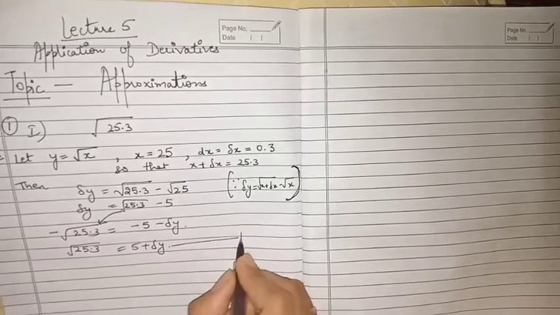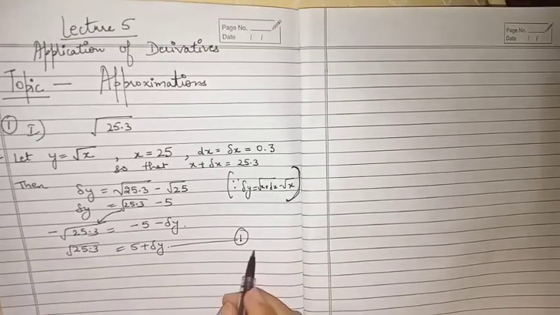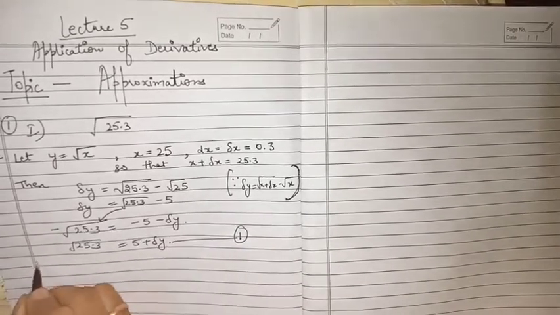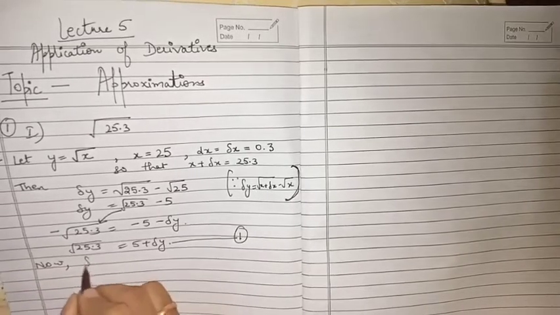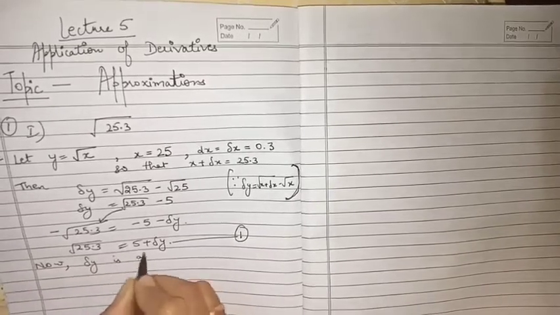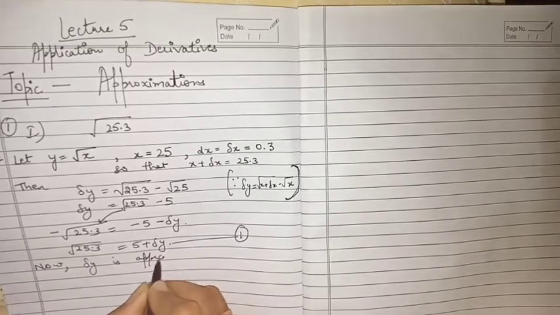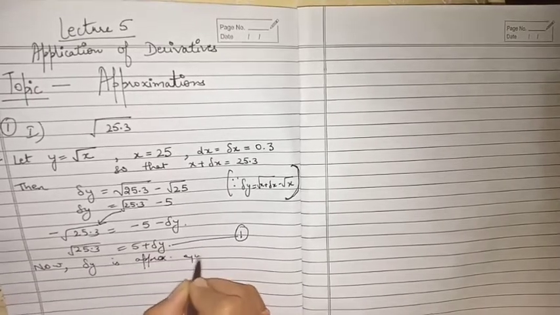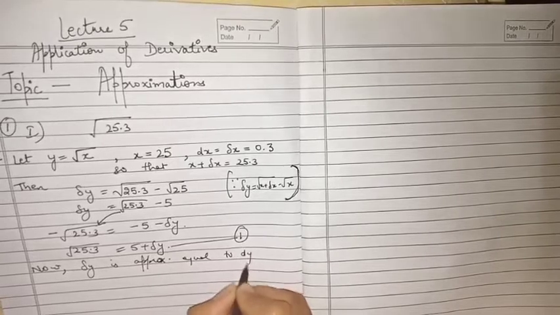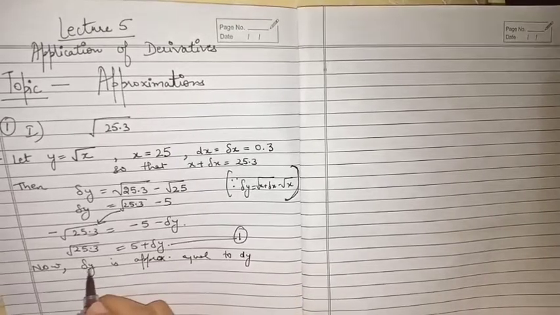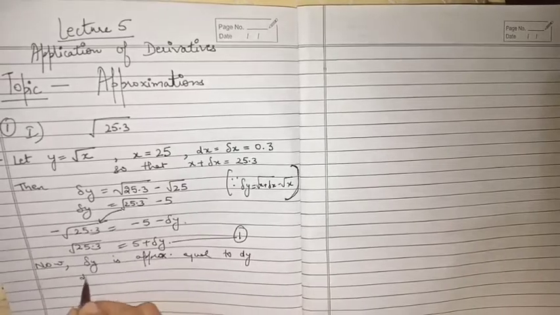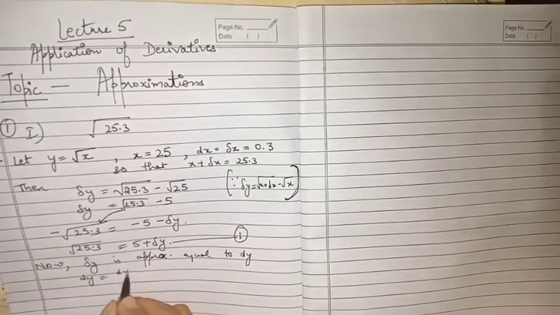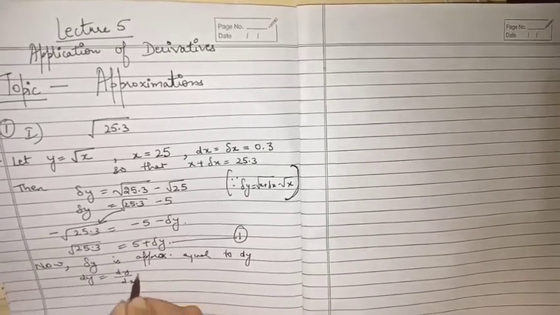Let us suppose this is my equation number 1. Now what you need to do? Let us suppose that delta y is approximately equal to dy. Let us suppose that a very small change in y is approximately equal to the differential dy. Okay, dy is equal to dy over dx into dx.